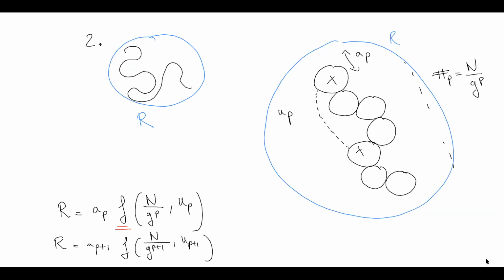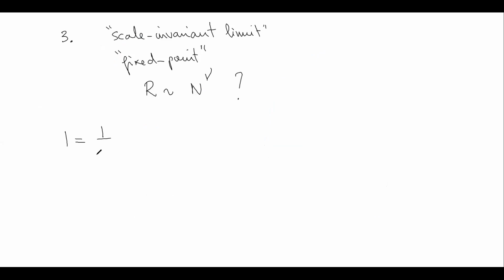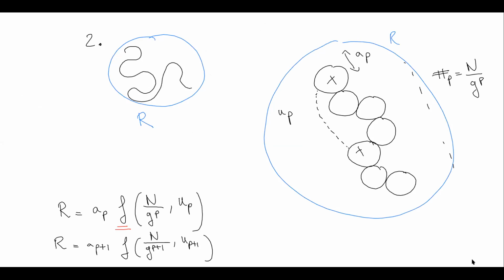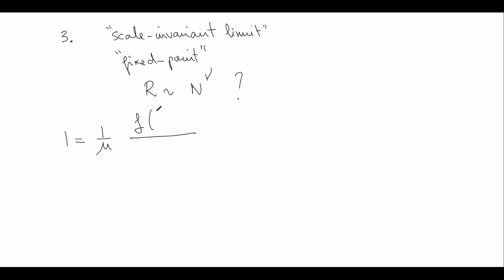I will take the top divided by below, so 1 over mu, and then I have a ratio between F evaluated at N over J_P U_P, and the same F divided by N over J_{P+1} U_{P+1}. I don't consider the mu equals 0 situations here again.